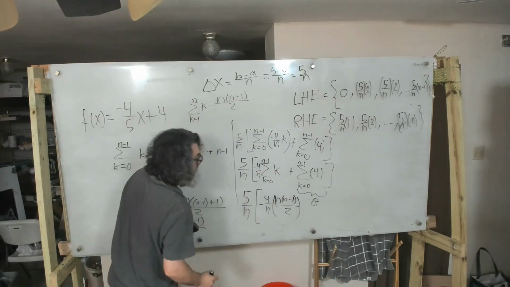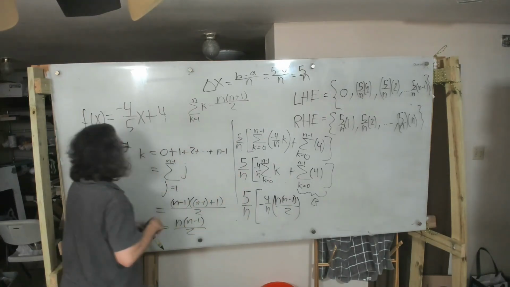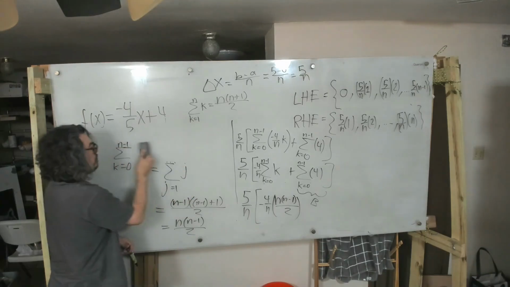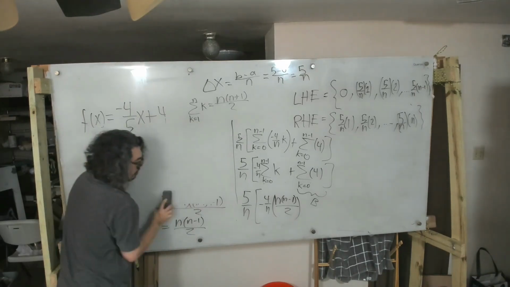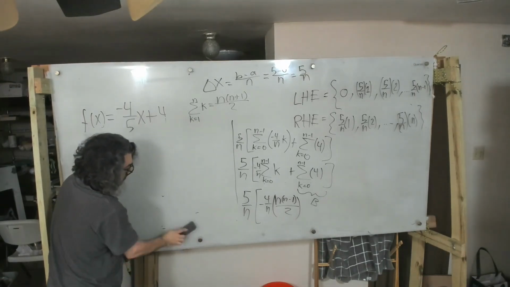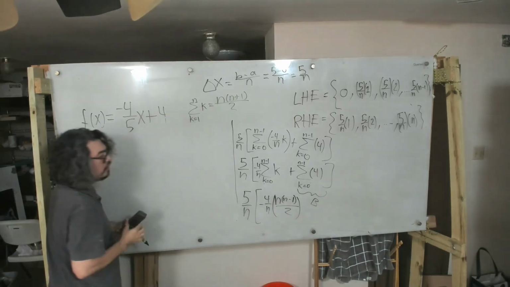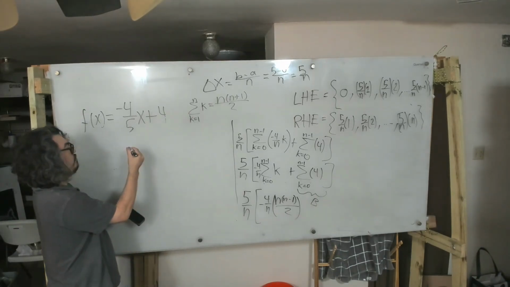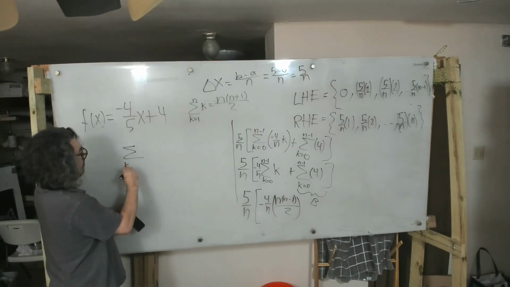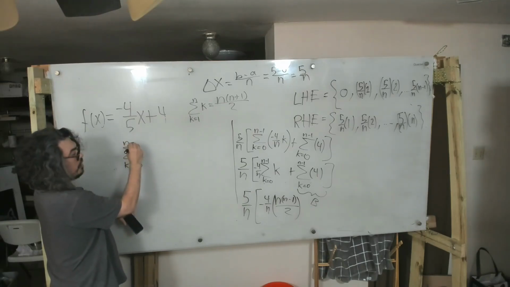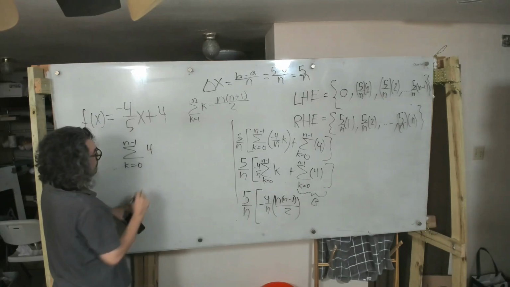And now we're going to do the next one. Let's ask ourselves what the sum from k equals 0 to n minus 1 of 4 is.